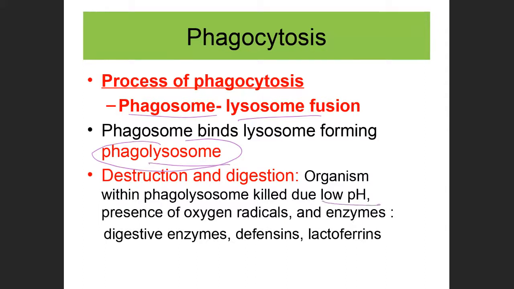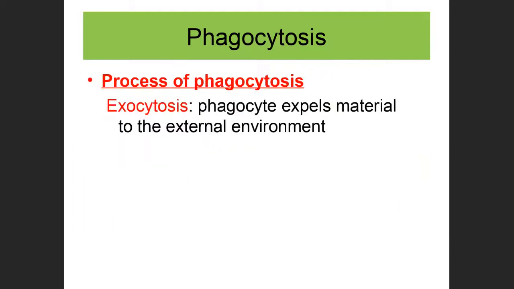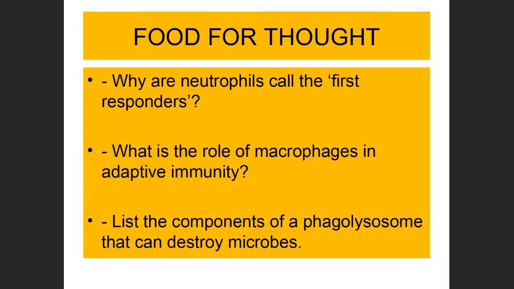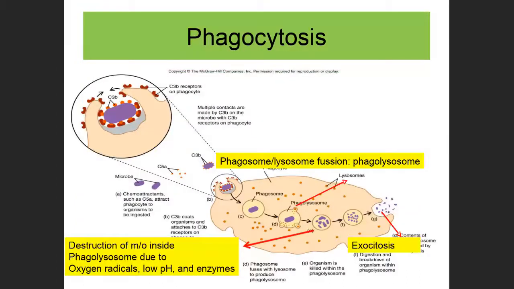Things like low pH, oxygen radicals, digestive enzymes, defensins, lactoferrins that will take away iron. Okay, so these are pretty destructive little sacs, these lysosomes. All right, so you have an idea of what happens during phagocytosis. And one thing to keep in mind, this material comes back in chapter 16.